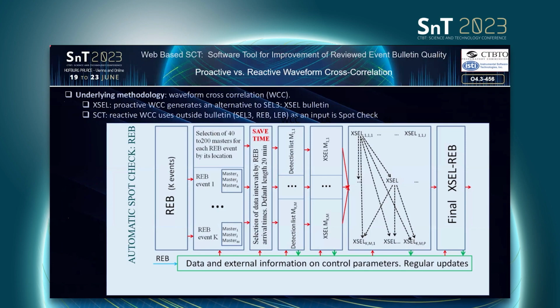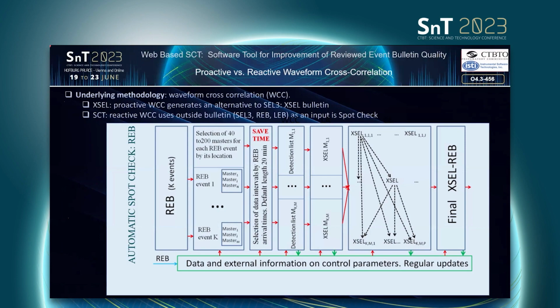Now it's important to mention that the cross-correlation pipeline can be proactive and reactive. When we say proactive, we don't need any information at all about the other bulletins. We can create a cross-correlation bulletin just based on the waveform data and templates from master events. While if we are working in reactive mode, this is spot check.